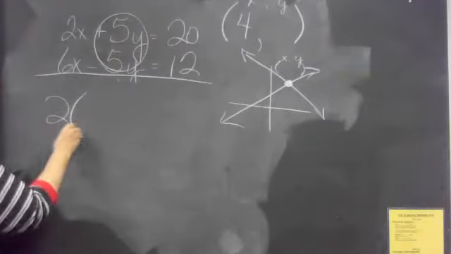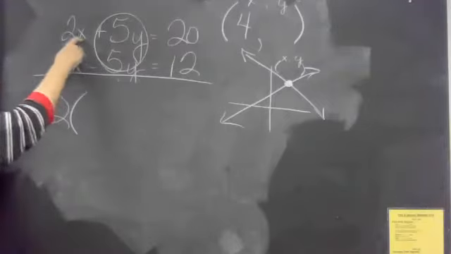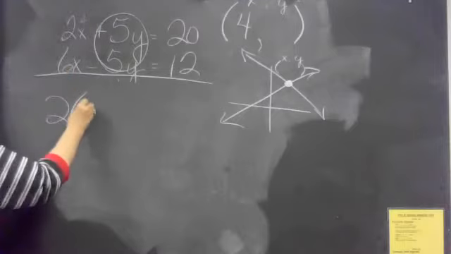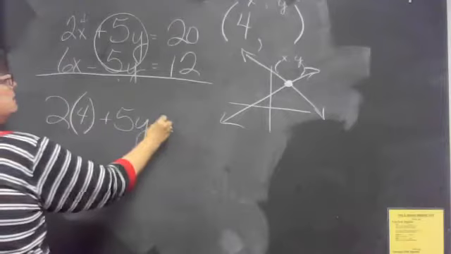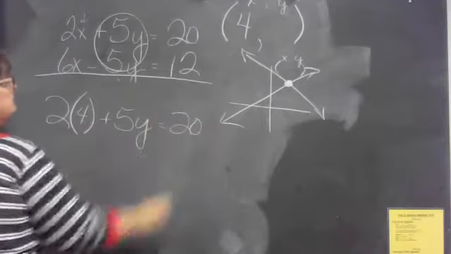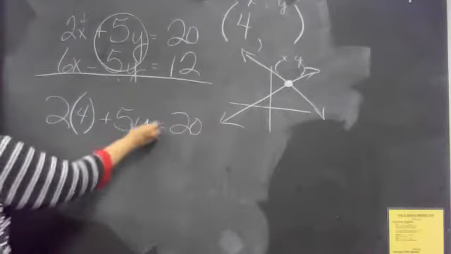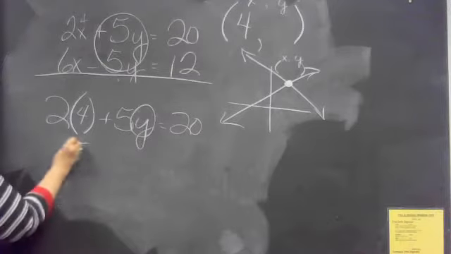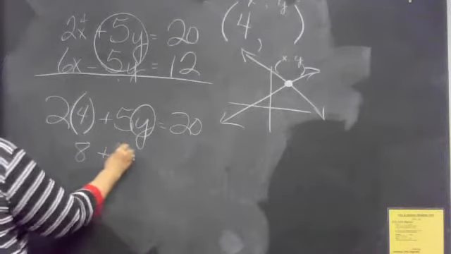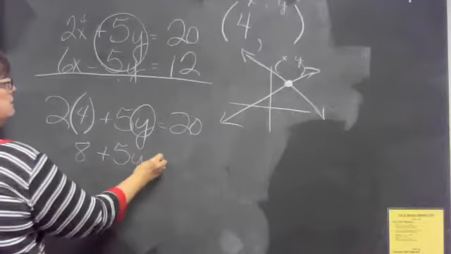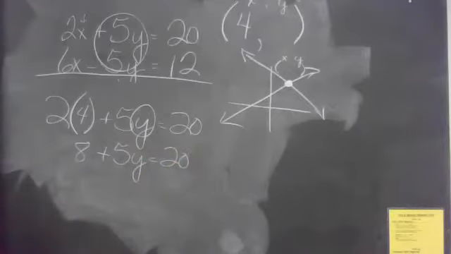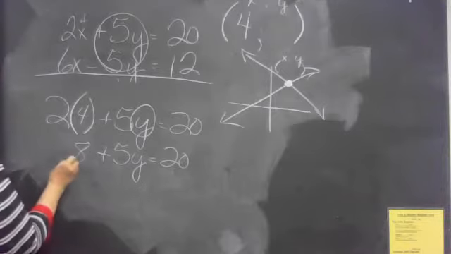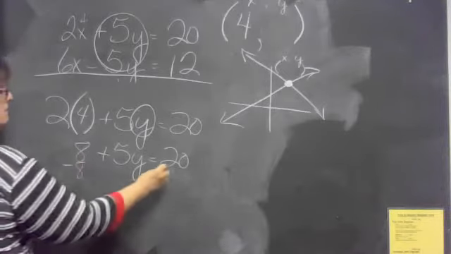So I'm going to take the top one. 2 times x is 4 now, plus 5y equals 20. And I'm going to solve for y. So I have 8 plus 5y equals 20. And I'm going to subtract 8.